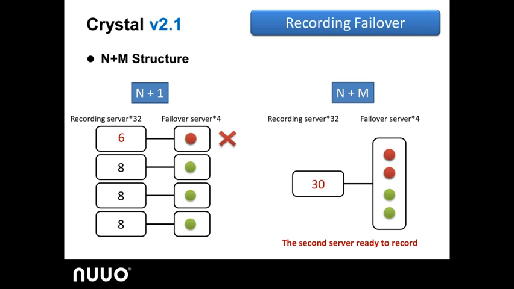So the benefit is that with the N plus M structure, failover servers can failover for all the recording servers in the system, which means it is more efficient and more reliable. So think about it. If you use the N plus 1 structure, you buy 4 failover servers, and 3 of them will just do nothing in this case.